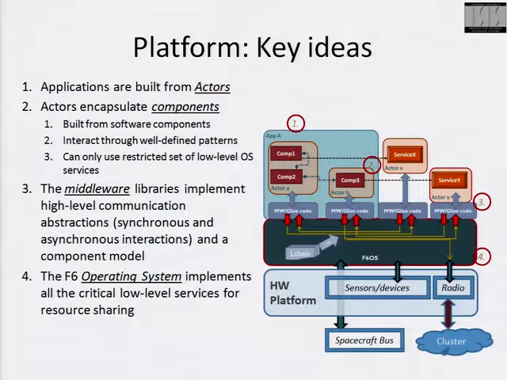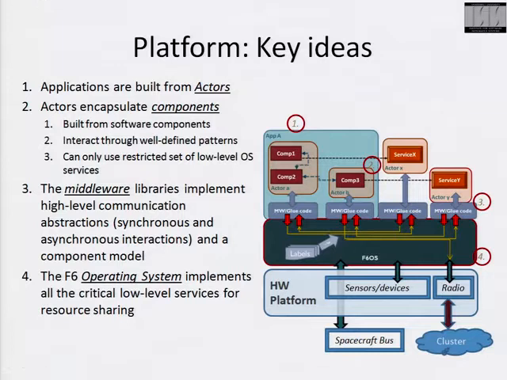So this actor identifier remains the same throughout the life cycle of the application, so that if an application migrates, if it goes down, if it comes back up, if it moves to another node, the system keeps the actor identifier the same, so that any other component application that is communicating with it can still find it. So actors encapsulate components. So we're going top down.